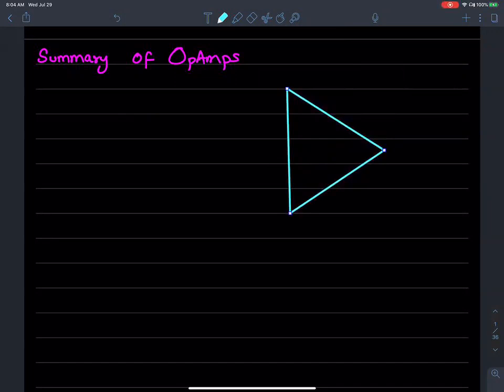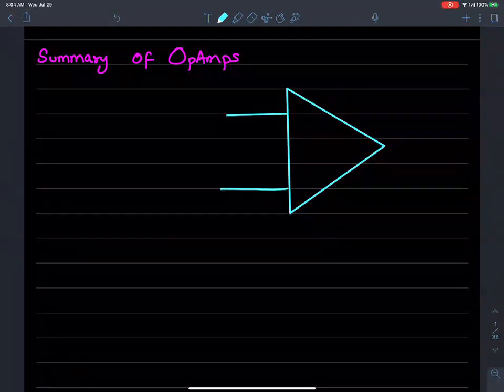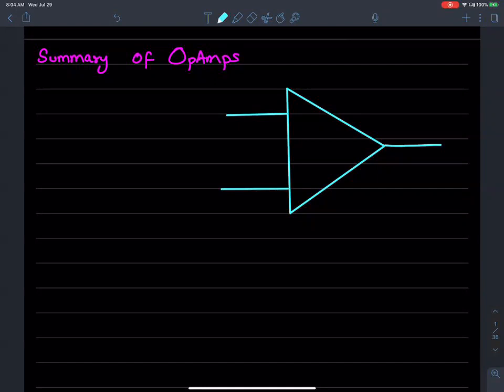It's a 3-terminal device with a negative input terminal, a positive input terminal, and an output. Here is an operational amplifier. We have not seen an op-amp before. We only saw resistance, capacitance, inductance, voltage source, current source. A new kind of device.